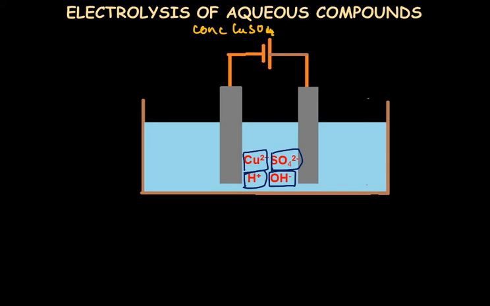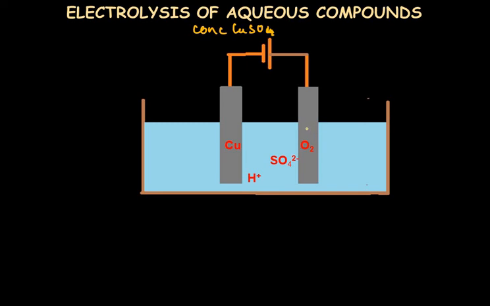So at the anode, rather than sulfate ions, hydroxide ions will get discharged, which in turn will form oxygen gas. But at the cathode, copper ions will get discharged in place of hydrogen ions because copper is less reactive than hydrogen, and this in turn forms copper metal at the cathode, accepting the electrons from the battery.